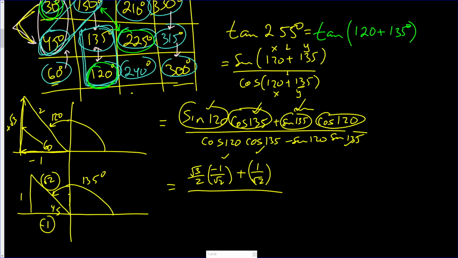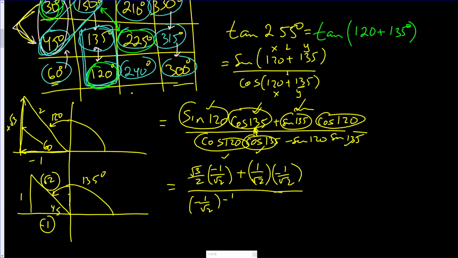The cosine of 120 is negative 1 over the square root of 2. The cosine of 120 is still negative 1 over the square root of 2. The cosine of 135, well, that's exactly what's above it.